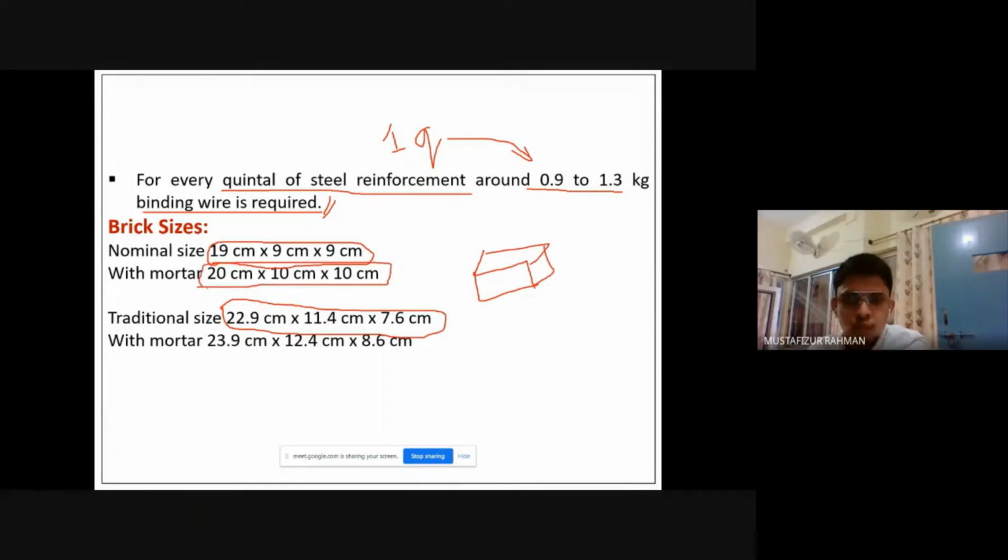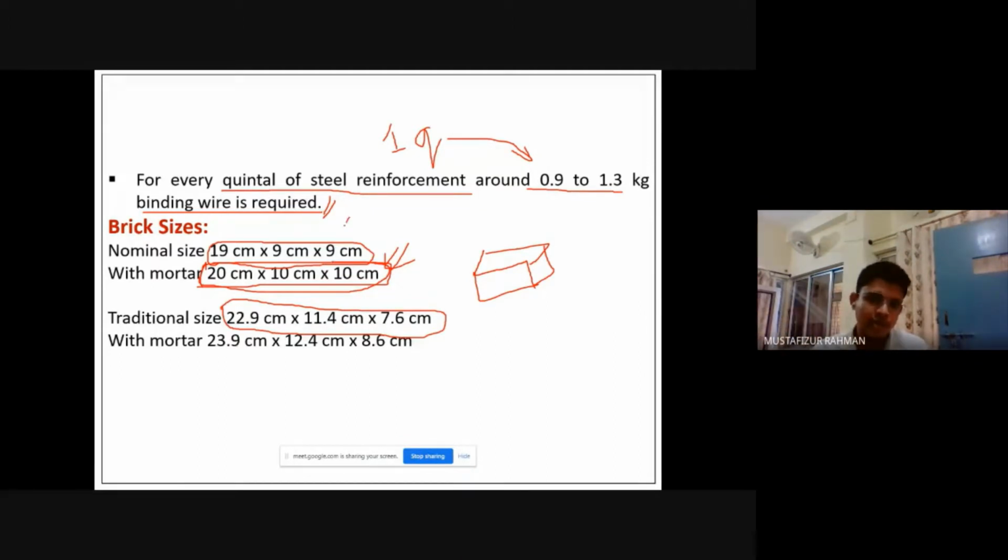So if we are going to find out the number of bricks required for a certain amount of work, say for example 1 cubic meter of brick work, which value shall we be using? We shall be using this value, right? Because in that brick work we have to apply mortar also.